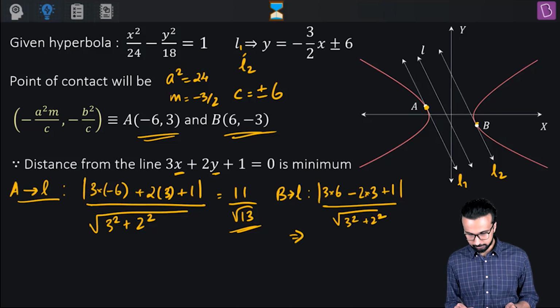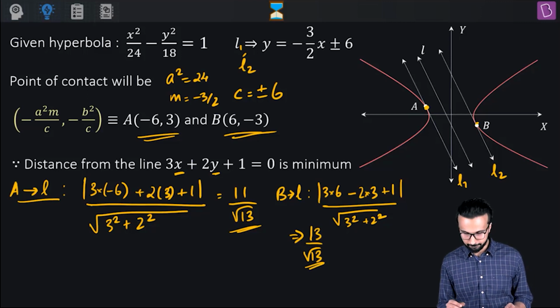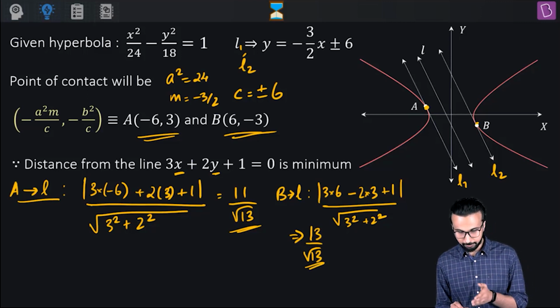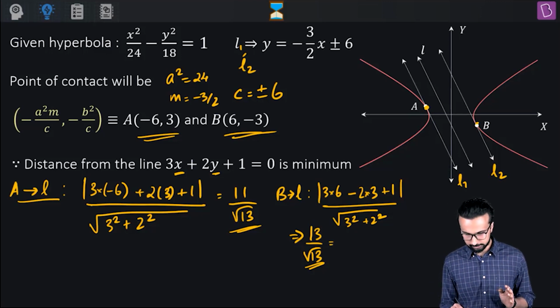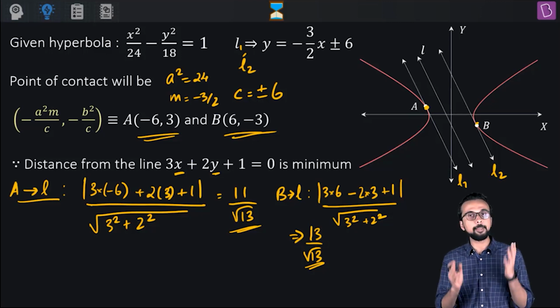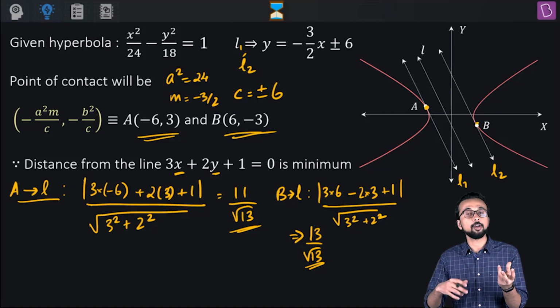And this comes out to 13 by root 13. I'll keep it like this because I'm going to compare both. So clearly tell me, where do we get the minimum value, from point A or from point B?